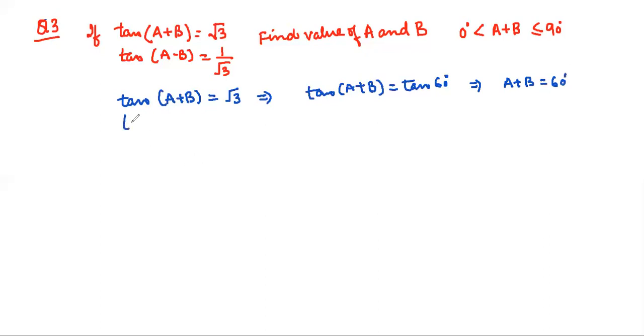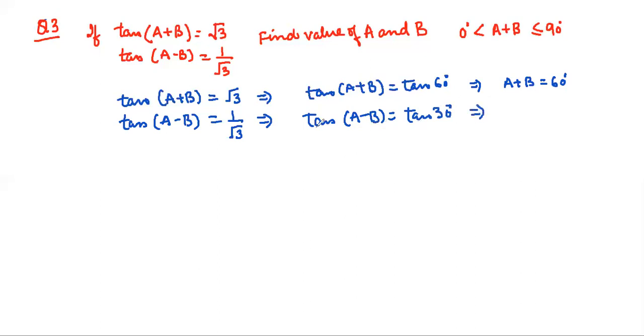Similarly, if I have tan A minus B is equal to 1 upon square root 3, this implies I have to convert this side also in terms of tan. So this is tan A minus B is equal to tan 30 degree. And since both the sides we have the same trigonometric ratios, therefore the angles attached to them should also be the same.